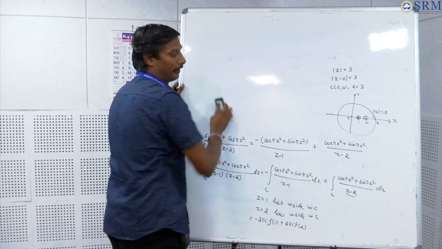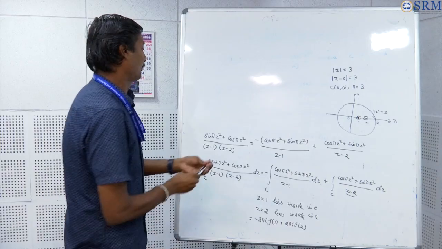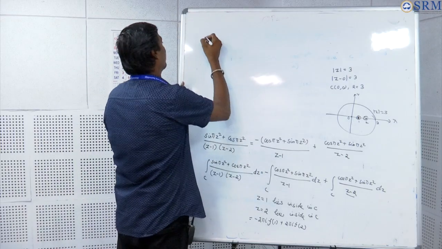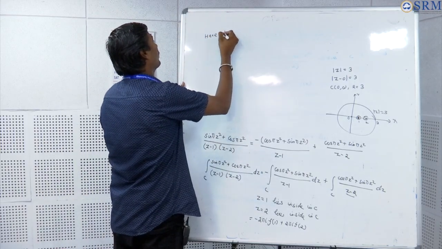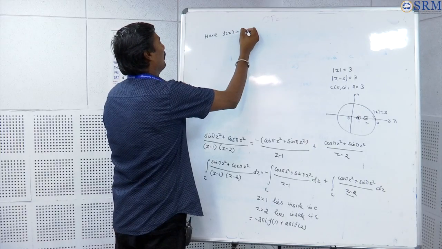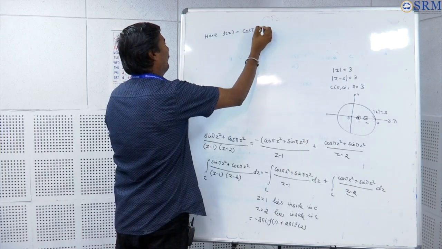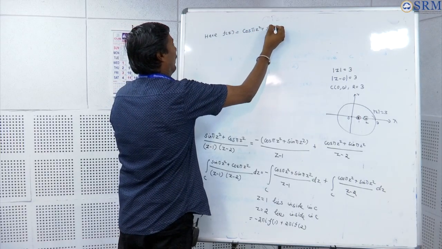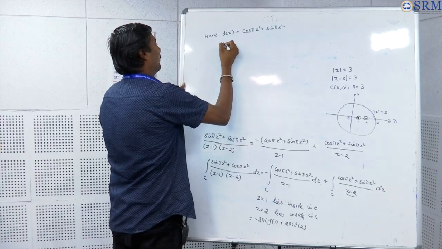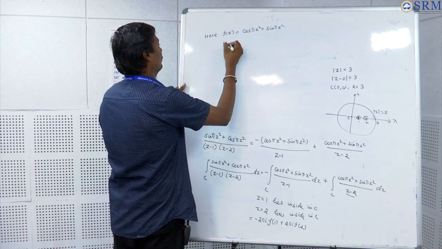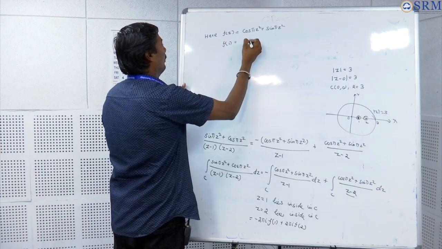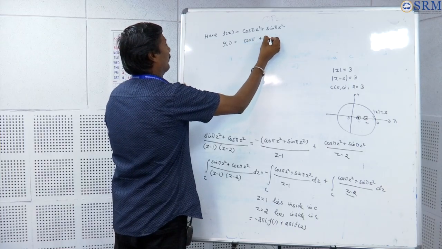In these problems, what is the f of z? F of z is the numerator term. What is the numerator term in this question? Cos pi z square plus sin pi z square. You have to put f of 1. So what will come? Cos pi plus sin pi.